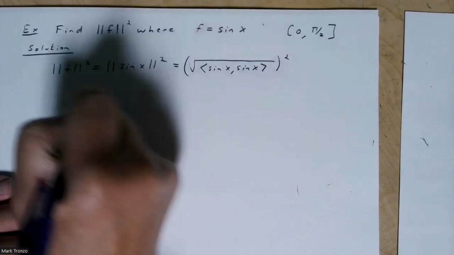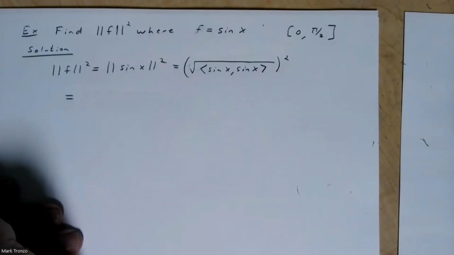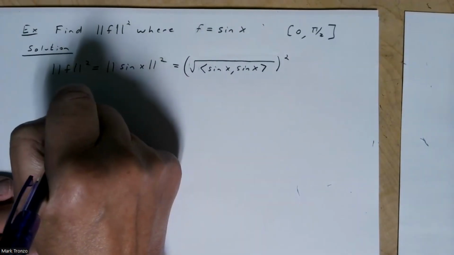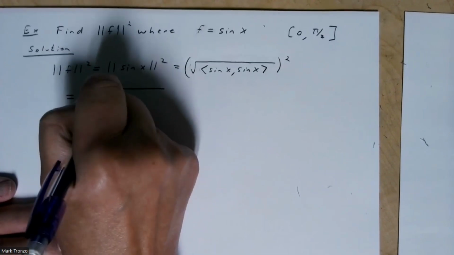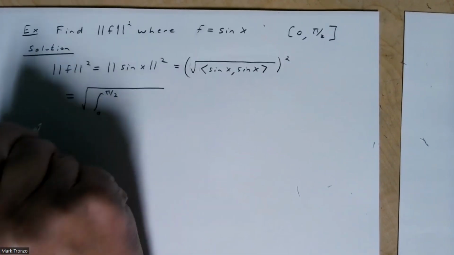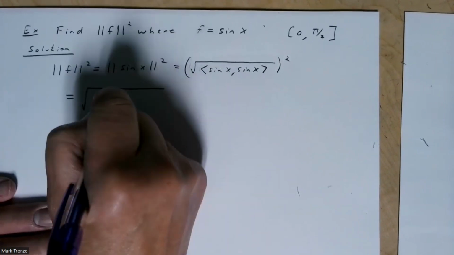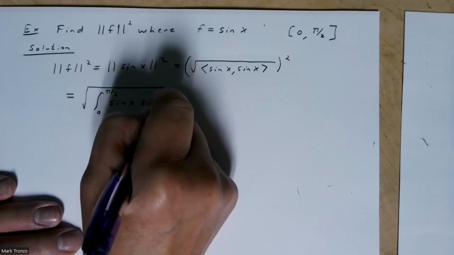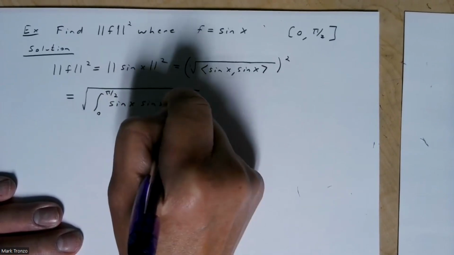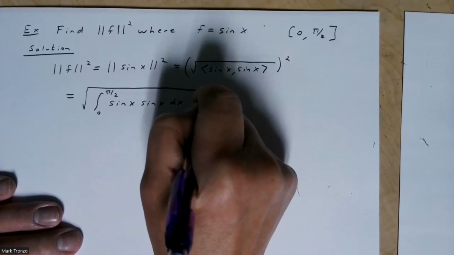And what this whole thing squared. And then this is going to be the square root from 0 to pi over 2 of sine x dx.